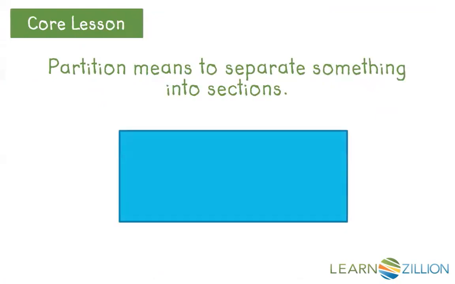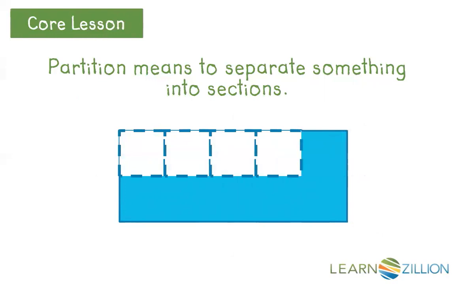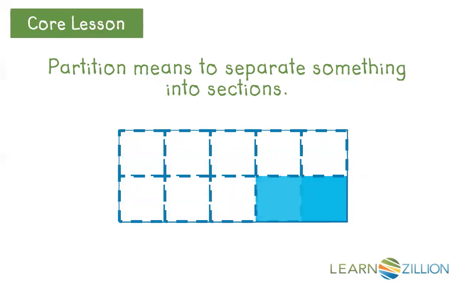For example, this rectangle, I could draw lines to go through it, and I will be partitioning into sections. Today, we are going to use squares. Squares are going to be placed on top of the rectangle to partition the rectangle, and we are going to count to see how many squares it takes to cover the rectangle with no overlap.